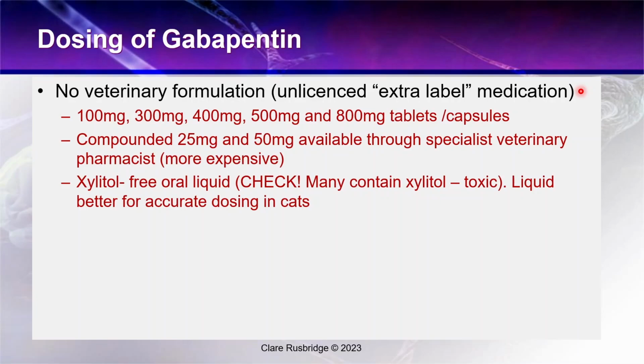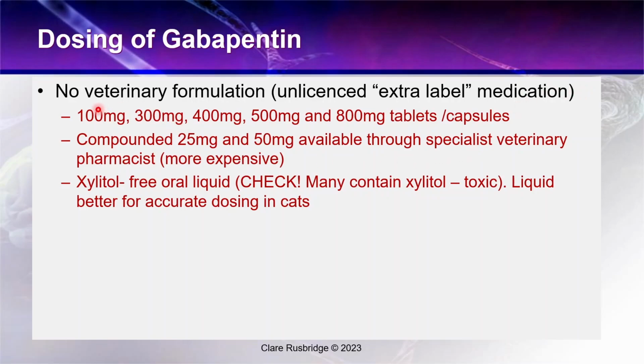And there really haven't been great studies on its effect at neuropathic pain, despite the fact it's so widely used. However, there are good studies looking at the pharmacokinetics, so we do understand quite a lot about its timing of action and how it's eliminated, etc.